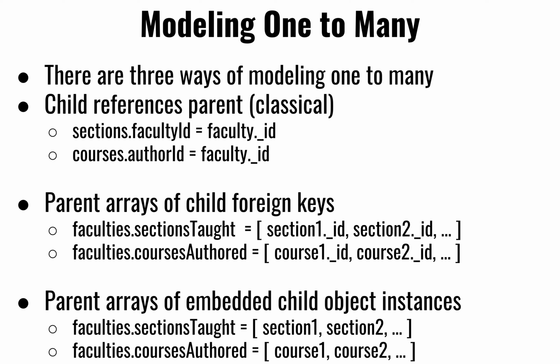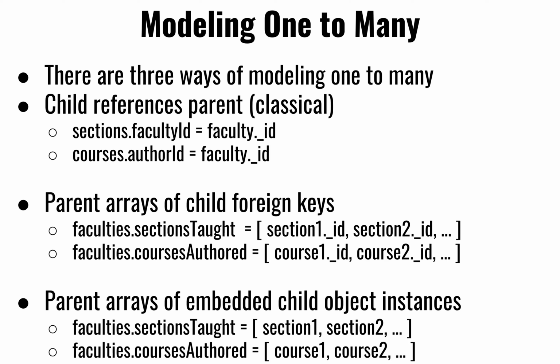But here in a non-relational database, there's a third way of implementing it. Now I can have a field that has an array of the children. In a relational database, it could only be the children referencing the parents, never the parent referencing the children.